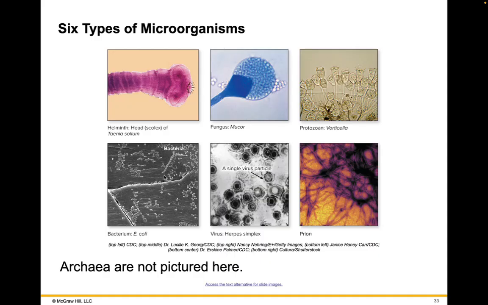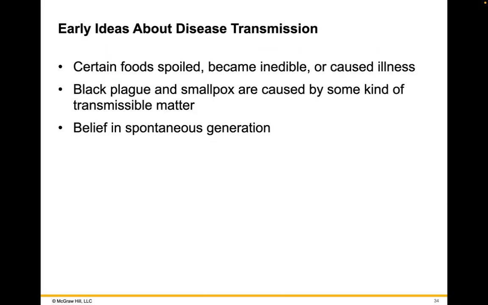But one of these would be considered a bacterium, and its name is E. coli, Escherichia coli. The virus, herpes simplex. So here is one particle of the virus. And then prions, which are mainly just proteins with these crazy shapes. We don't have any pictures of archaea here, but the archaea are also microorganisms.